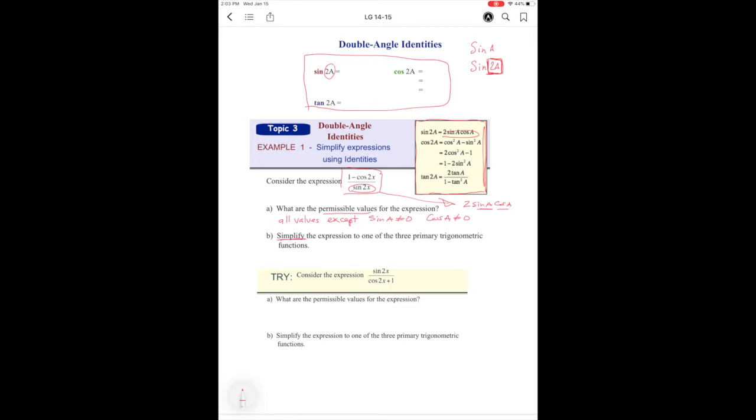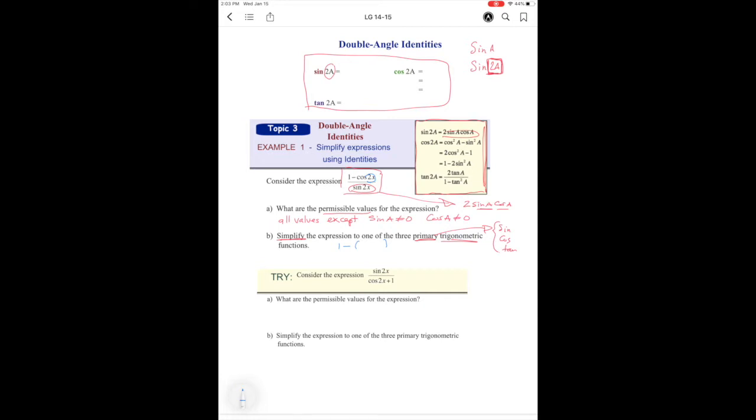All right, so now we are going to simplify to one of the primary trigs. And when you see the word primary, you're thinking of sine, cosine, or tangent. Those are the primary ones we're trying to get to. Okay, so we have 1 minus cos 2A. Now, we have a 2 again, so I'm just going to write a bracket.